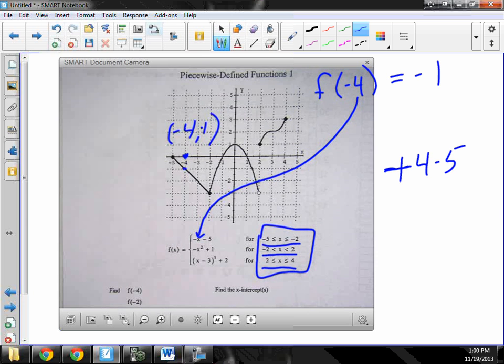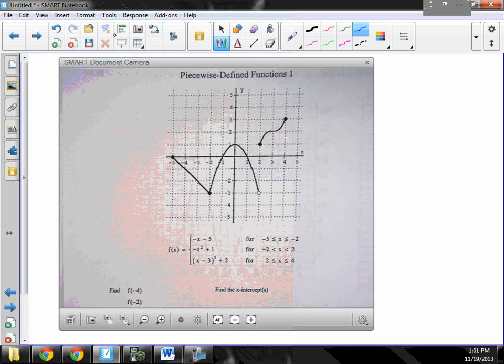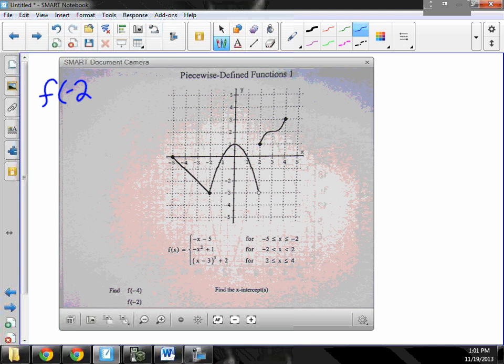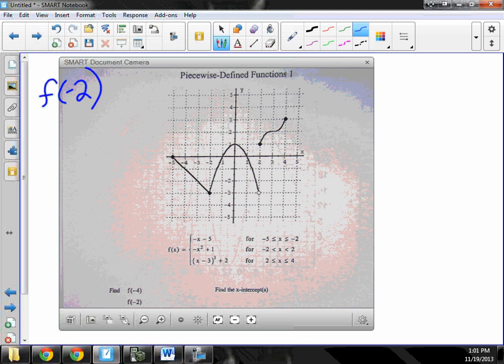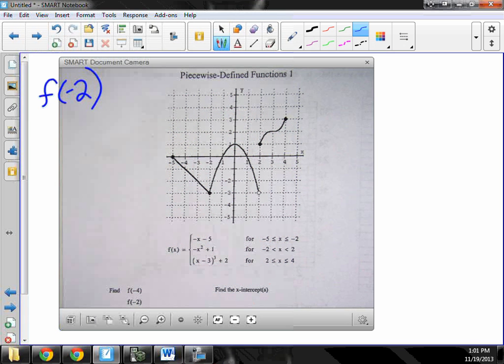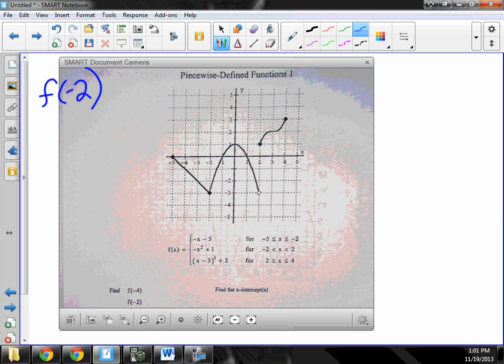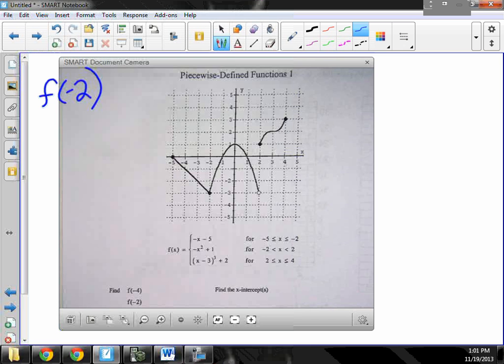All right? The next question is f of negative 2. Which function does negative 2 belong to? Well, it looks like the first or the second, but you need to check the domains. Which one is negative 2 a part of?